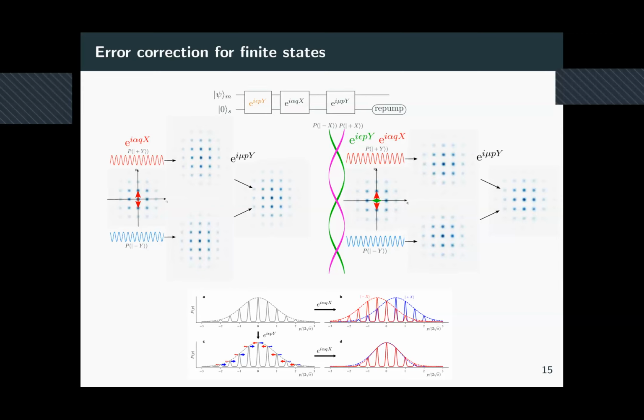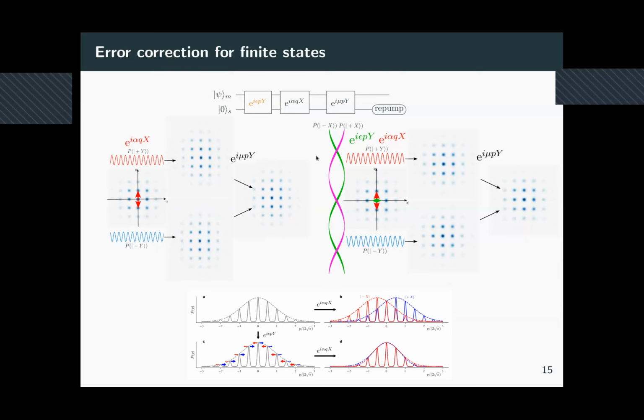So always thinking of the spin-dependent displacement as either a rotation of the spin depending on position or momentum, or also in the other picture, as a displacement of the oscillator that depends on the spin state. So this first short pulse is essentially a displacement in momentum, which is very small, and you basically can't see it on this picture.